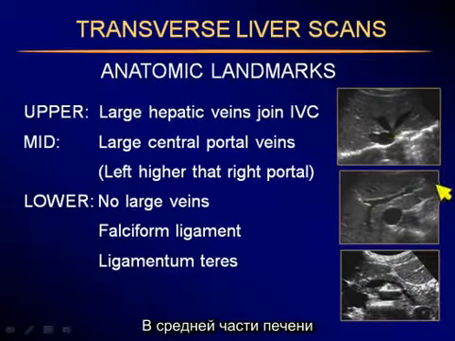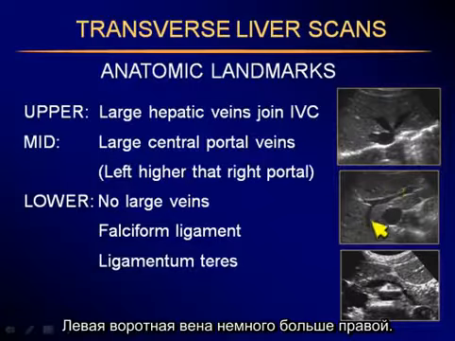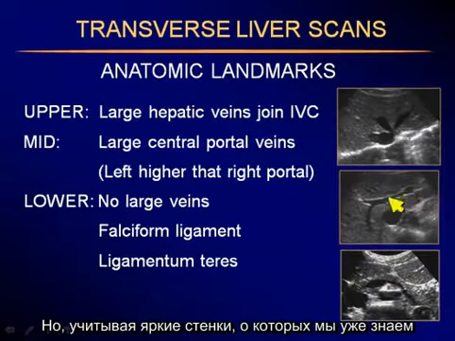In the mid portions of the liver, we see the portal veins kind of horizontally situated, the left being a little higher than the right, but nonetheless with the bright walls. That we know now that we're in the middle of the liver.